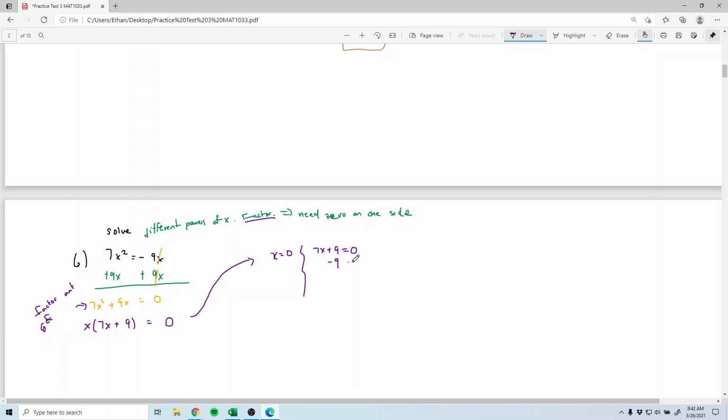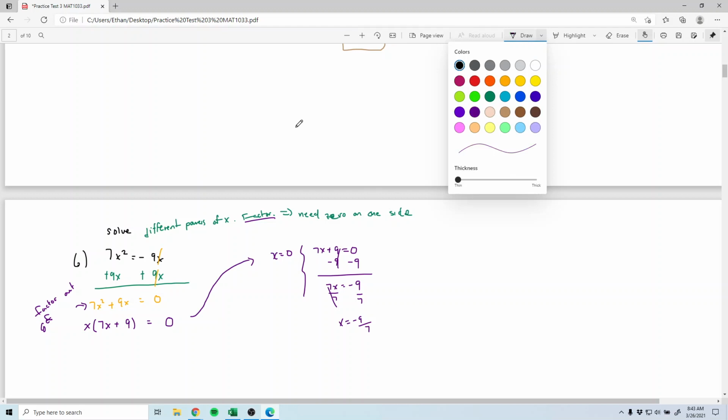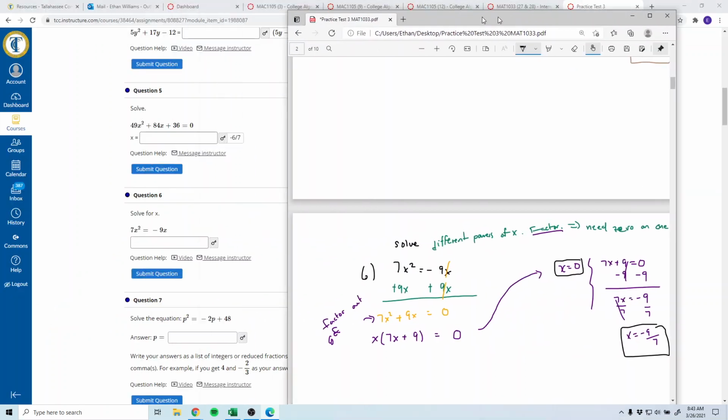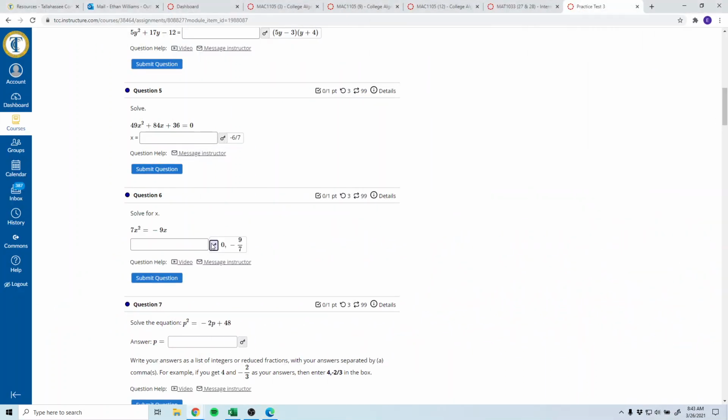We subtract the 9 from each side. We get 7x equals negative 9. And then we divide by 7, and we get x equals negative 9 over 7. Well, we've got two answers here. We've got 0 and negative 9 over 7. Again, just show the answers to make sure everything works here. And there we go, 0 and negative 9 over 7.